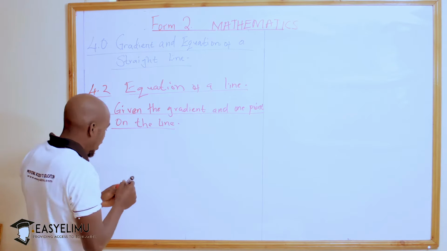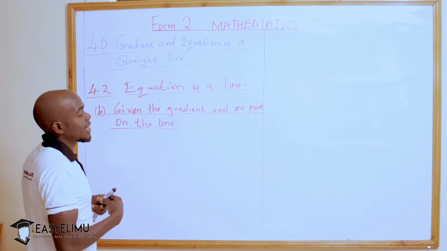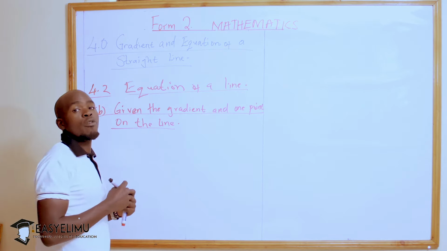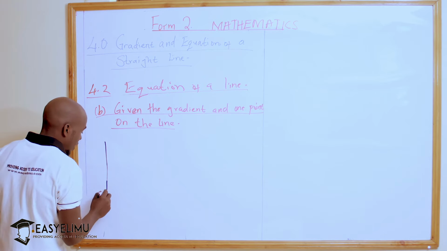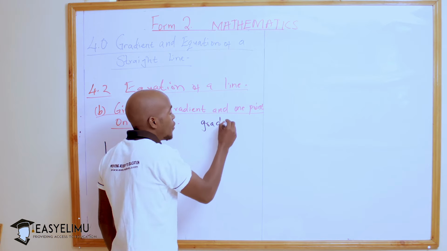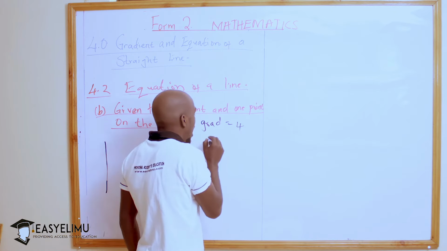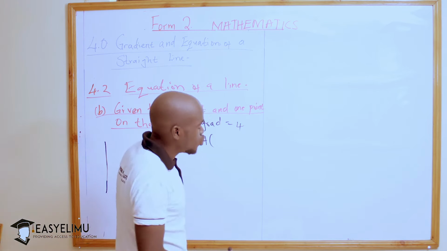Now, here we need to consider the case where you have been given the gradient of that straight line and one of the points. For instance, you may be given that the line has a gradient of, for example, 4, and one of the points, let's say point A, is (2, 6).